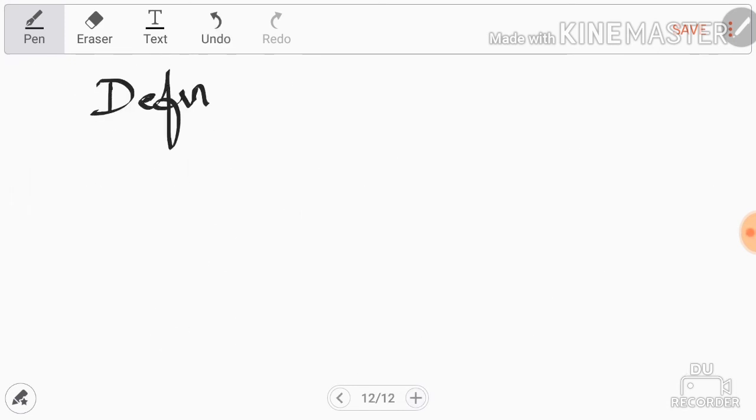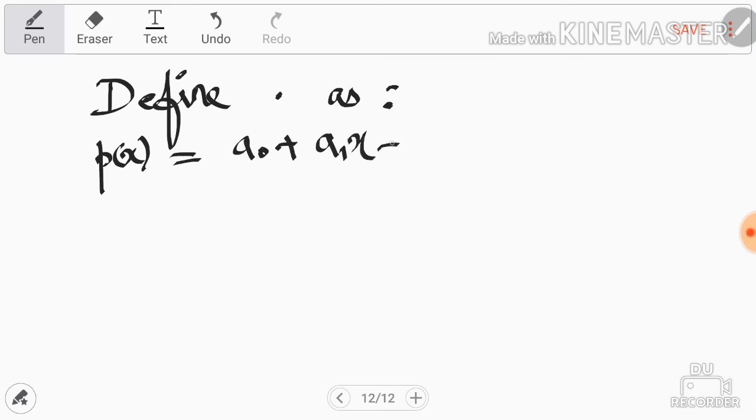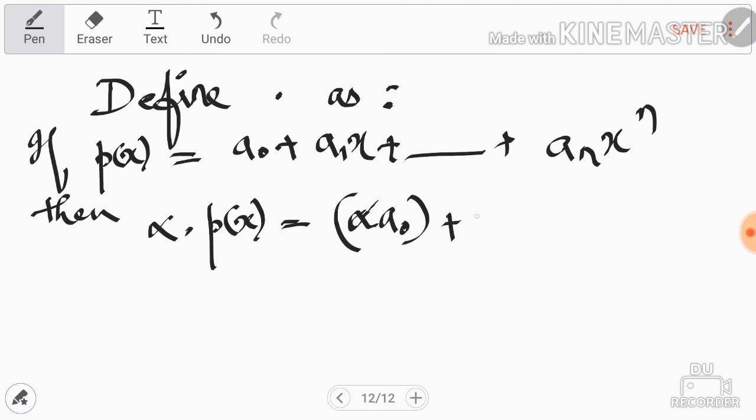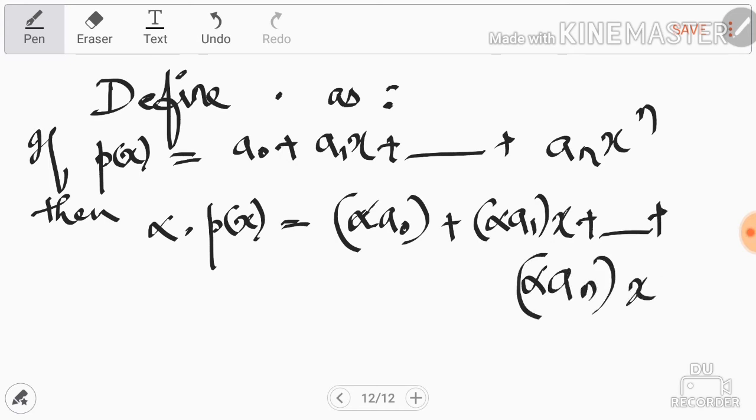How would you multiply a polynomial with a scalar? So if you have a p(x), which is a0 plus a1x plus so on up to an x raised to n, then alpha dot p(x) will simply mean alpha a0 plus alpha a1x plus so on up to alpha an x raised to n.